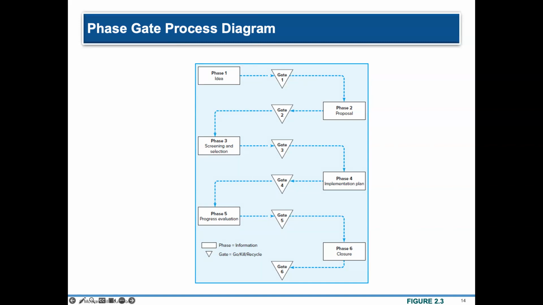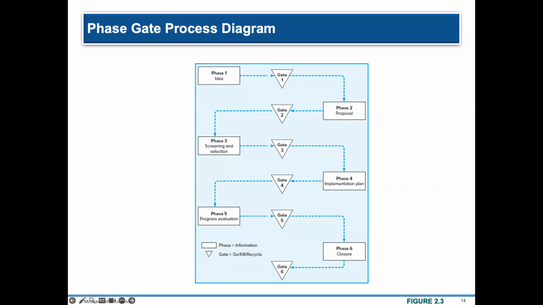And for each phase, it has to pass through a gate. And as per our diagram here, the gate represents a decision point. So let's say for phase 1, it has to pass through gate 1. Now, what does that mean?